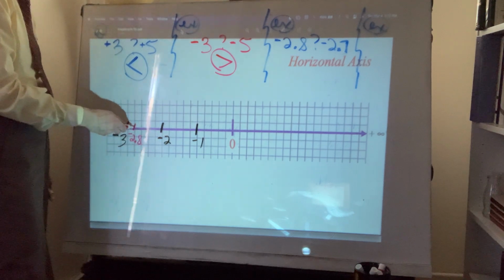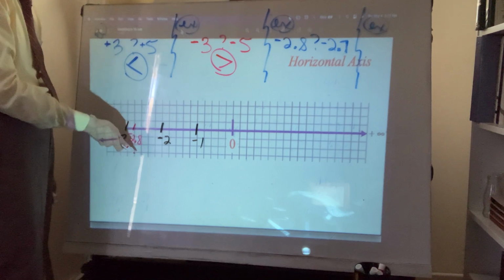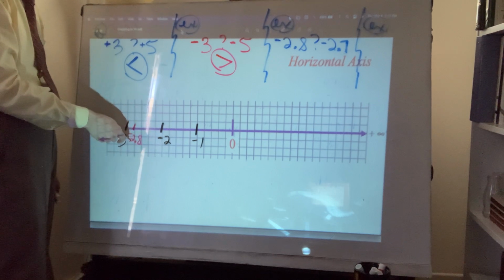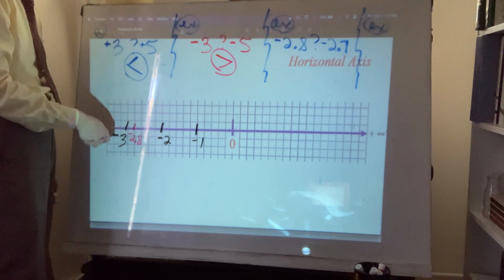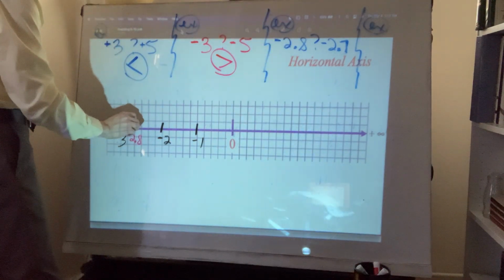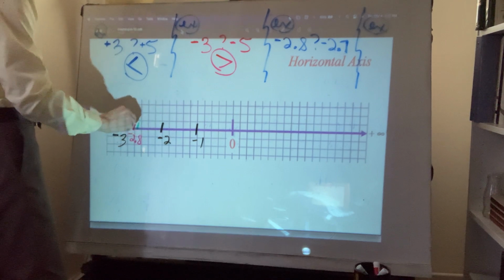It would be slightly closer to -3, because the next number after 8 is 9, and then the next number after that would be 10, which would make this 2 increase by 1. That means that 2.7 would be just ever so slightly in front of it. It would be about behind it here, technically.